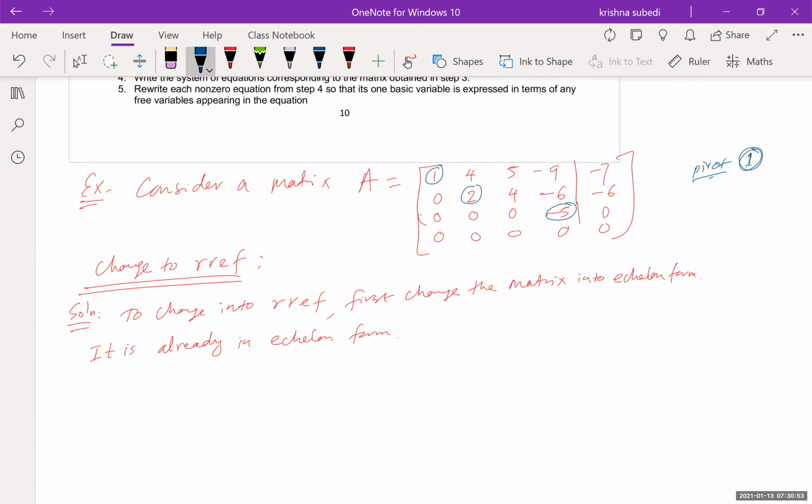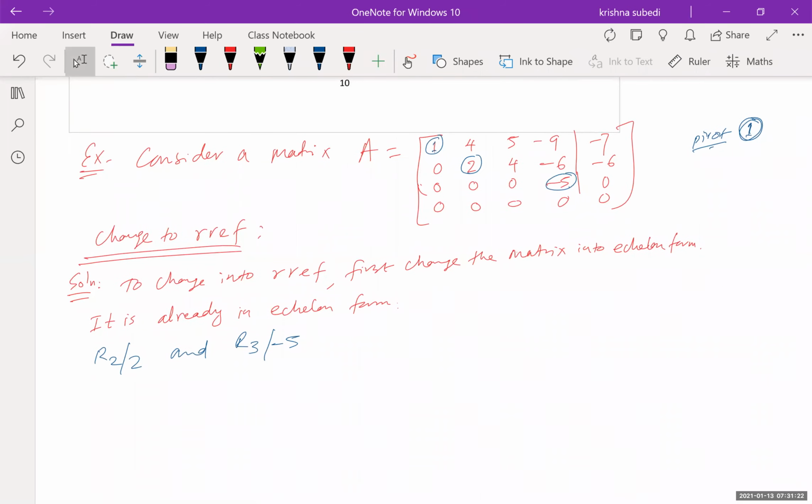So first of all, we need to change all the pivots into 1. The first pivot is 1 already, good news. For the second pivot, we need to make it 1. And for the third pivot also, we need to make it 1. So what you may want to try is R2 divided by 2 and R3 divided by -5.